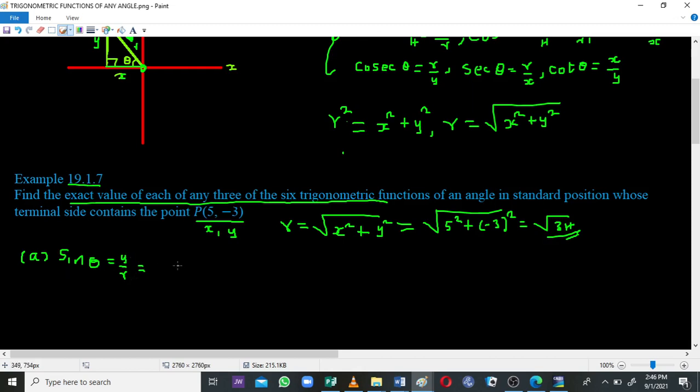So our y is -3, our r is the square root of 34.